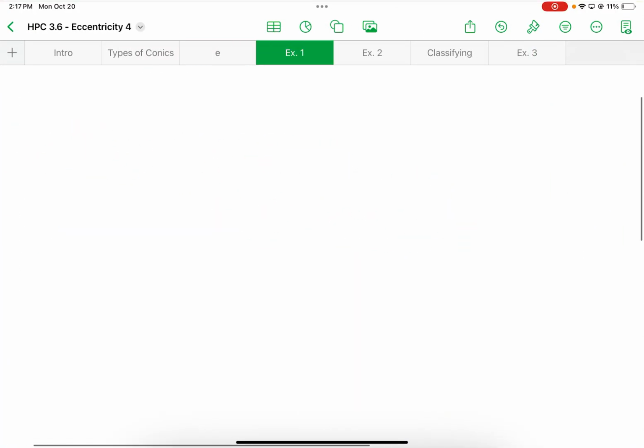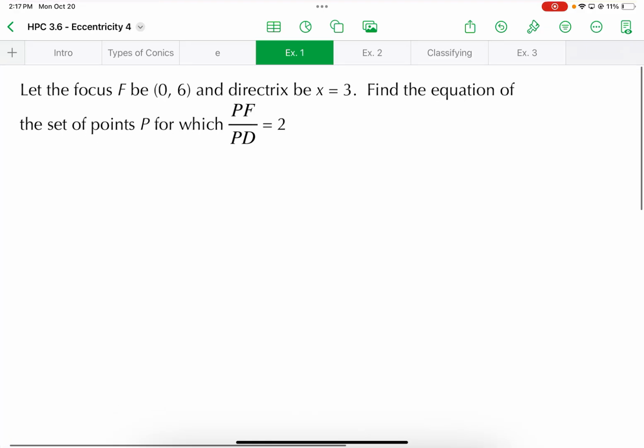All right, so let's go to example 1 here. It says, let F be your focus at the point (0, 6), and your directrix be x equals 3. We want an equation of the set of points P for which PF divided by PD equals 2.